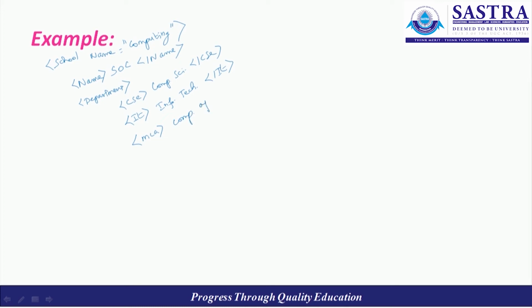This is computer applications, /MCA. How many child elements does department have? Three child elements. So department should be closed properly.